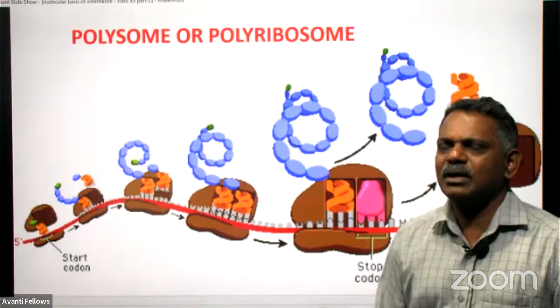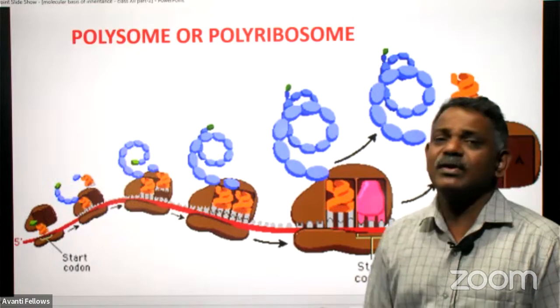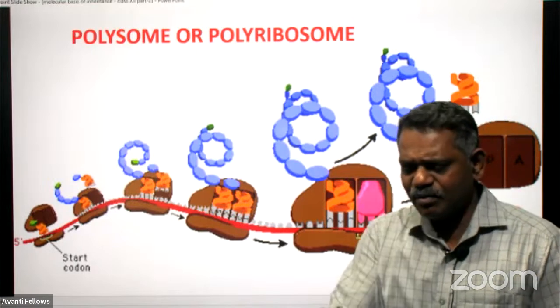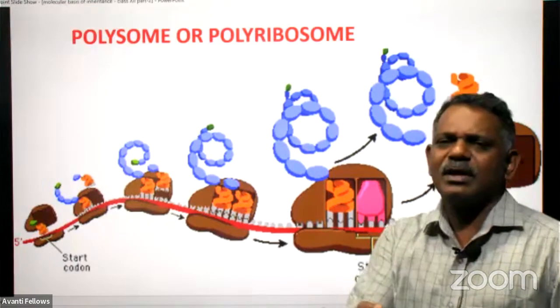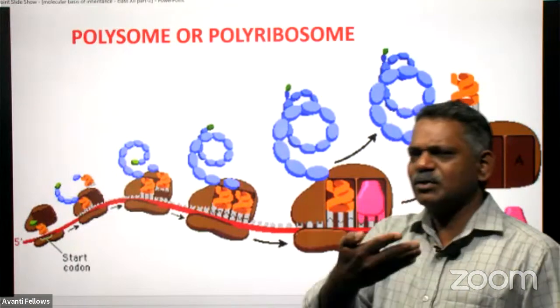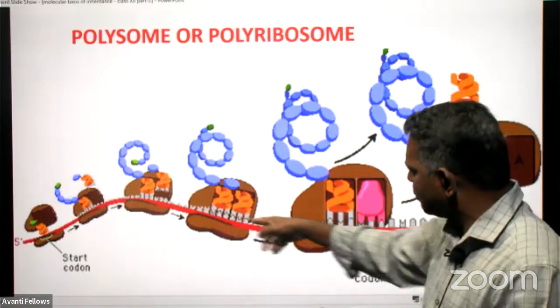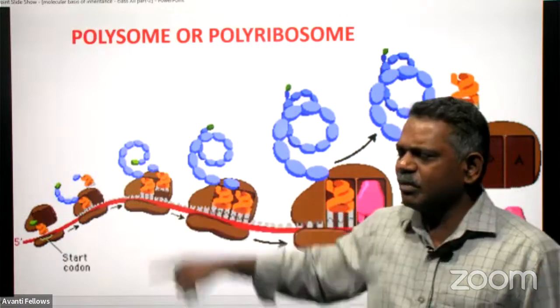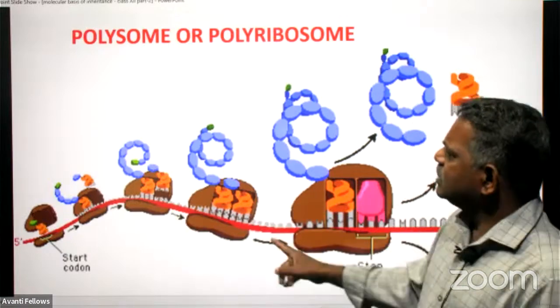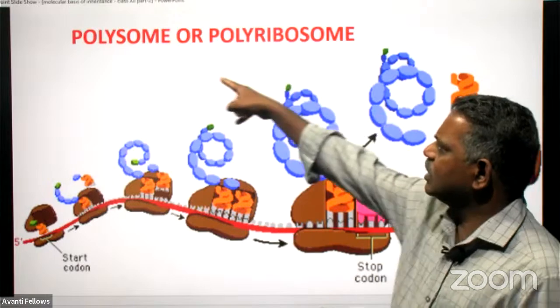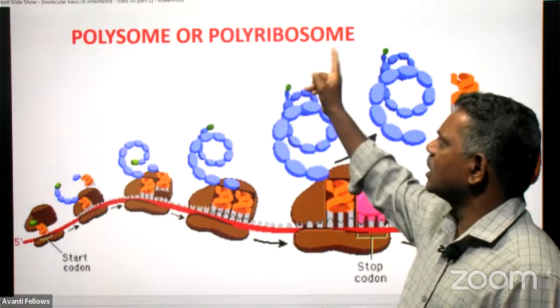It is just like the rough endoplasmic reticulum. Sometimes it looks like the rough endoplasmic reticulum, but it is not rough endoplasmic reticulum. The thing present at the middle is nothing but the mRNA, and this structure we call the polysome or polyribosome.